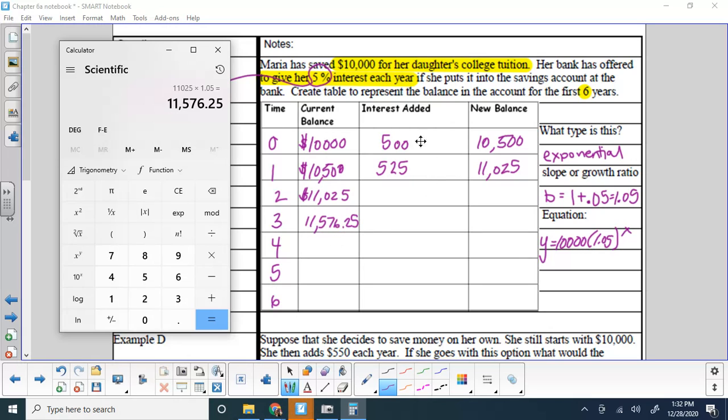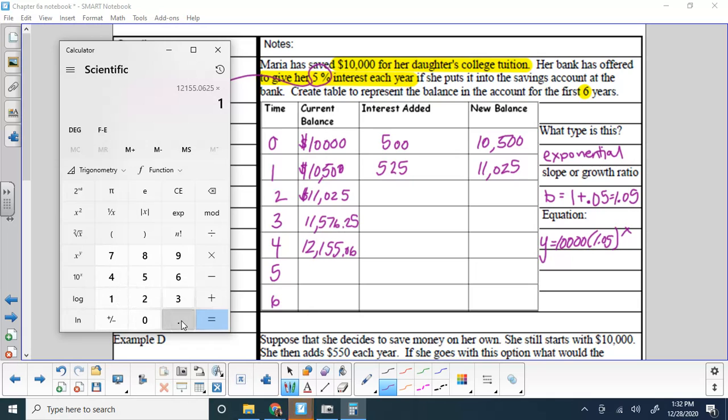So notice each time she's making just a little bit more than she did the time before. So I'm going to multiply that answer by 1.05. And I got $12,155.06. Now, I care about that 6 cents. I want that money. So I'm going to keep 2 decimal places always.